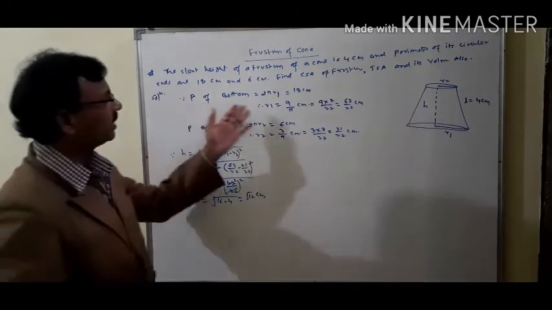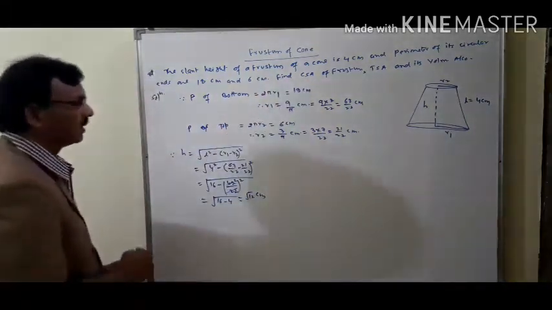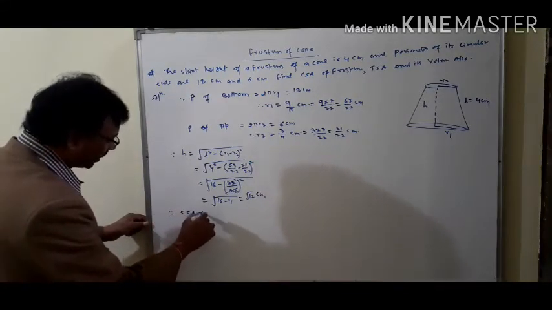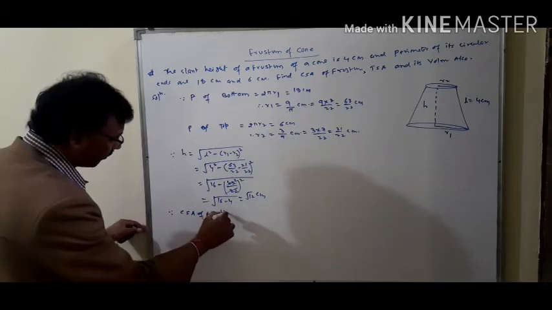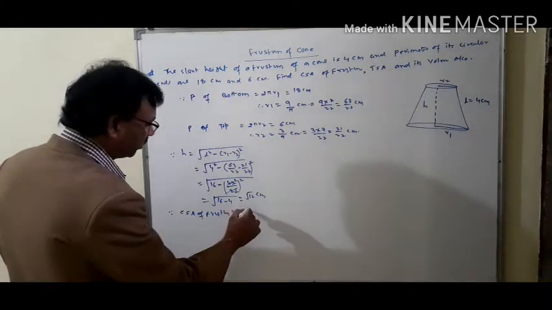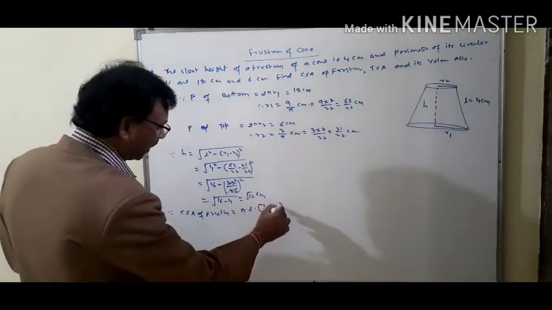Now we will start. First find the CSA of this frustum. Since CSA of frustum equals pi into L into (R1 plus R2).